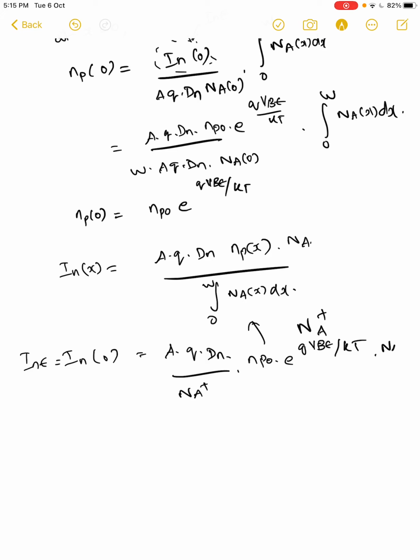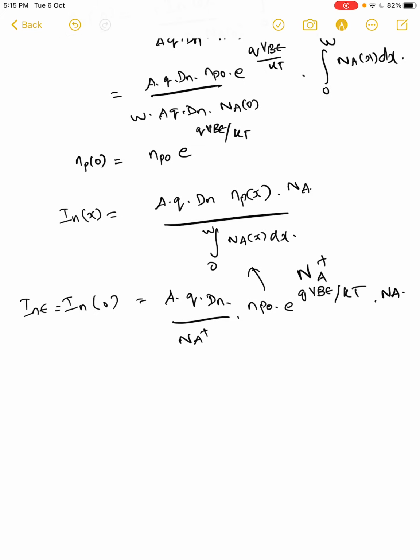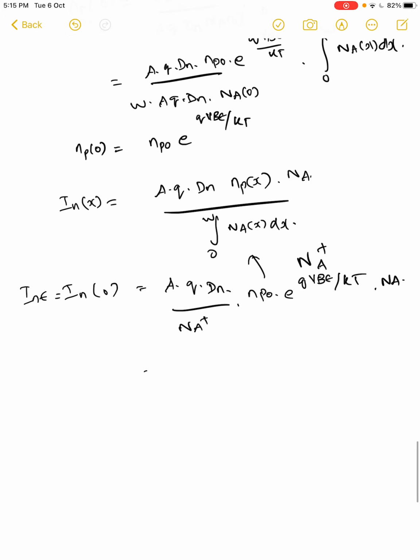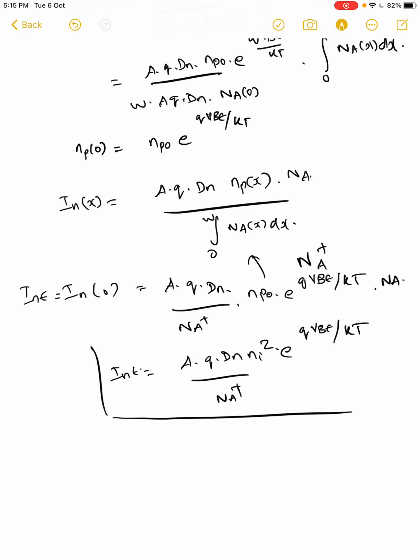Into Na, and you know this Np0 into Na is basically ni squared, so you get A q Dn ni^2 e^(qVBE/kT) by Na plus. This is the expression for the emitter injection if you have a base which had this gradient in the doping density, right?